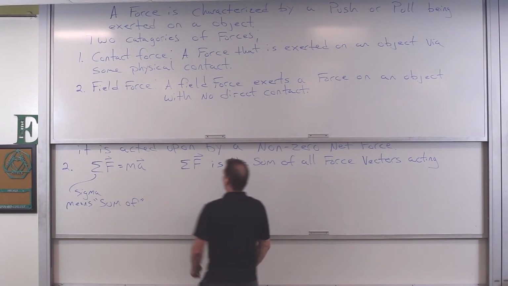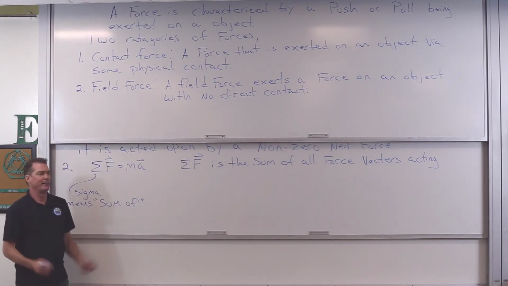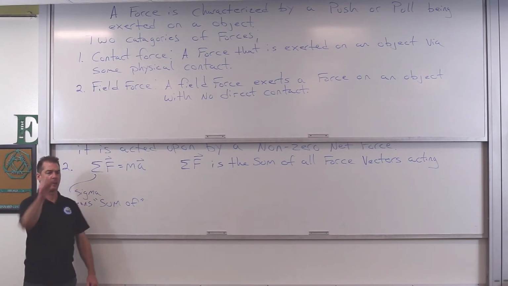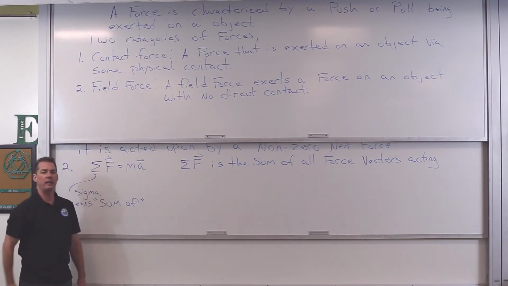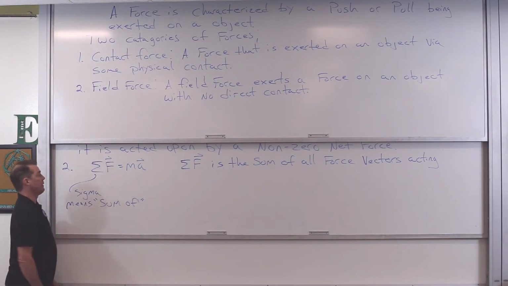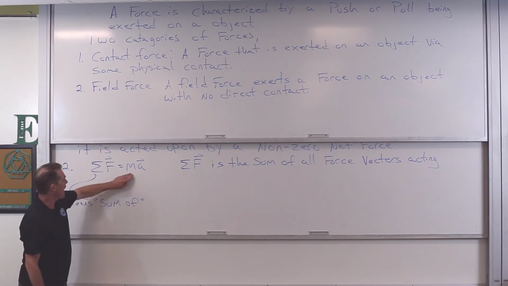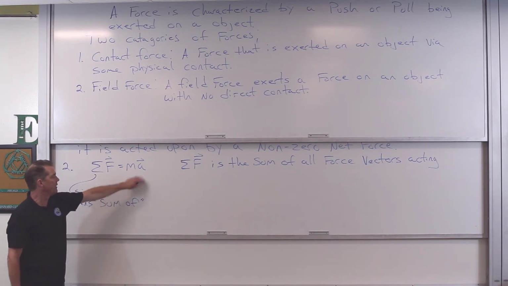This is explicitly telling us force is a vector quantity. I can push on something this way or that way, so there's a directionality associated with a given force. It has to be a vector quantity. So the sum of all forces acting, then we've got an equal sign and an m times a hat.